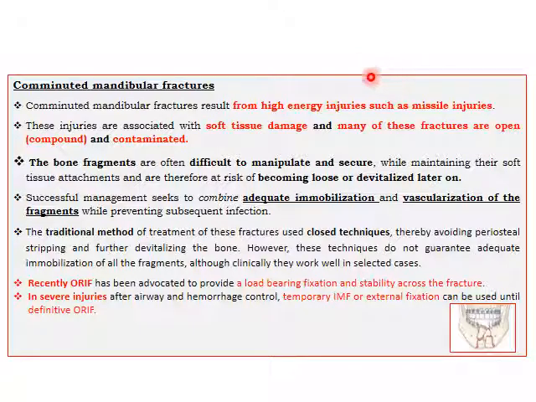However, this technique does not guarantee adequate immobilization of all fragments, although clinically they work well in selected cases. نرجع ونقول تبقى الايفالويشن إلى الطبيب وإلى خبرته، إنه يقدر يسوي closed technique أو ينتقل إلى الخيار الآخر.